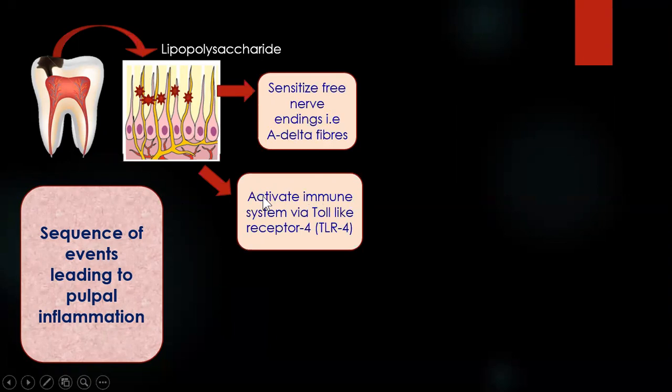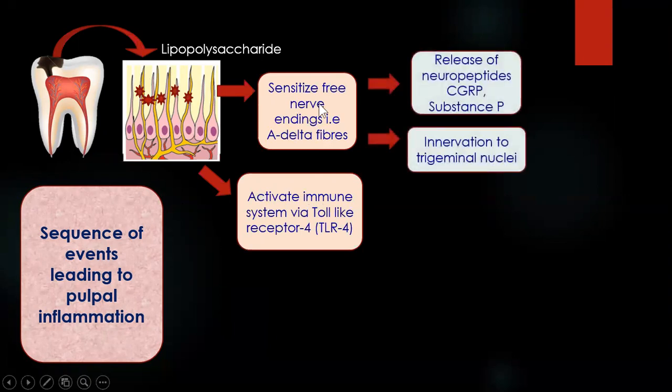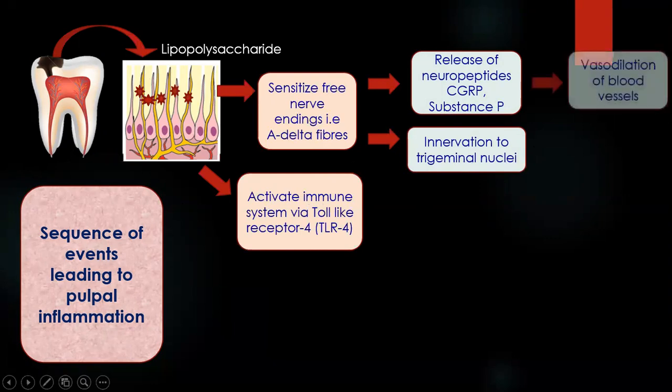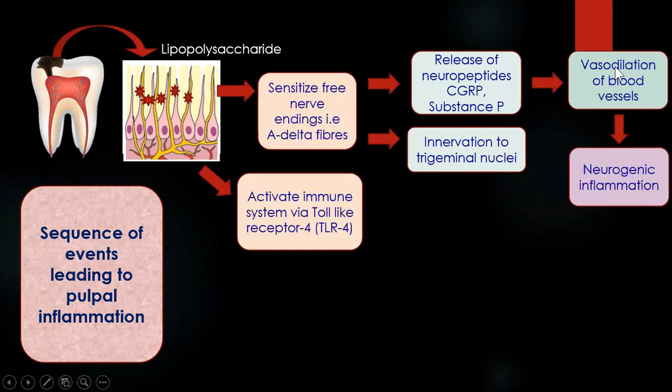These sensitized free nerve endings will release the neuropeptides, calcitonin gene related peptide and substance P, and on the other hand will send impulses to the trigeminal nuclei. This leads to vasodilation of the blood vessels by the neuropeptides, and it will induce neurogenic inflammation, okay, as we have discussed before.